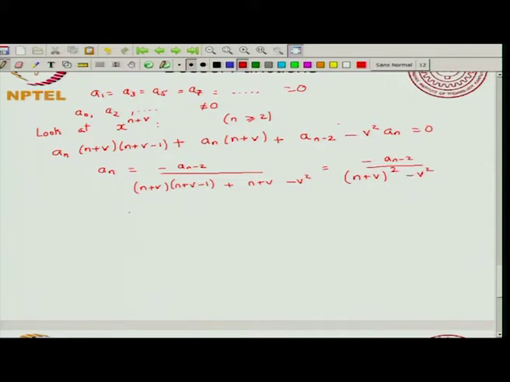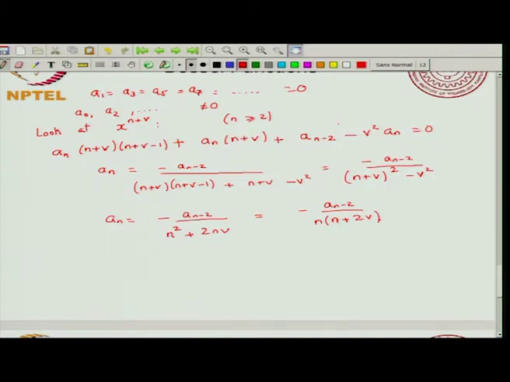That is equal to minus a_{n-2} divided by n squared plus 2nv, equal to minus a_{n-2} divided by n(n plus 2v). So, this is your recursion relation.